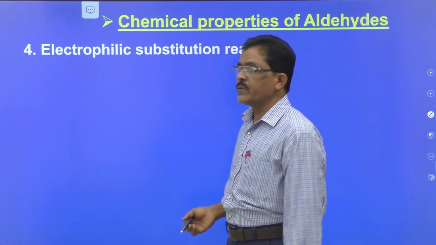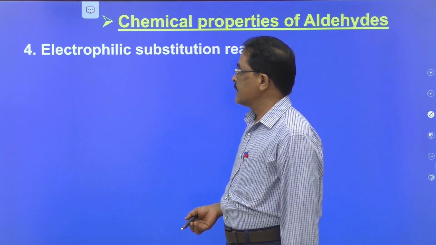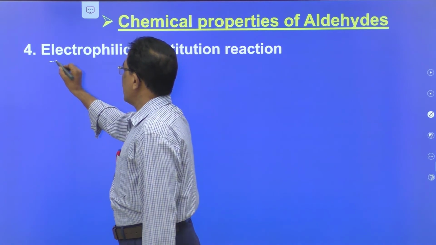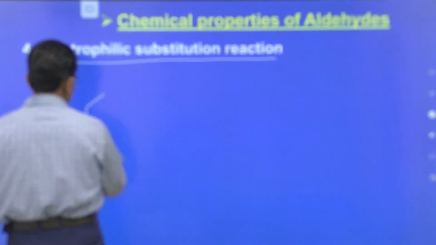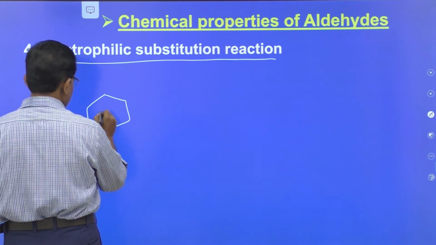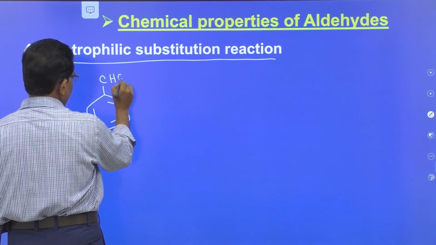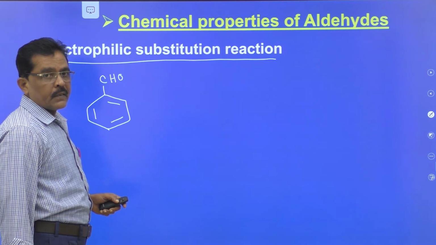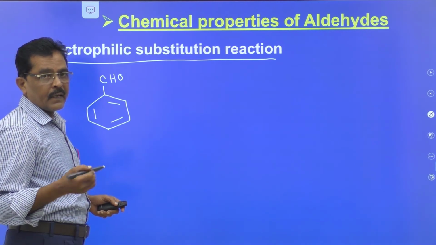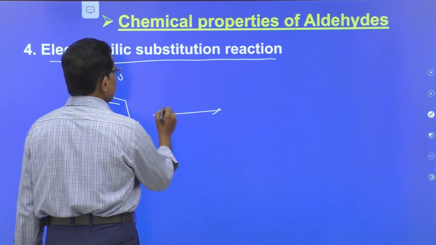Next, the last one is the electrophilic substitution reaction. Suppose we take benzaldehyde. Benzaldehyde is an aromatic ring with the CHO group. This CHO group is a ring meta-directing group. Then this is subjected to nitration.